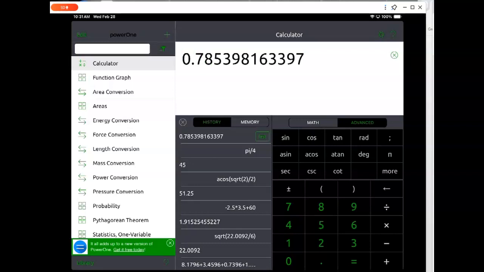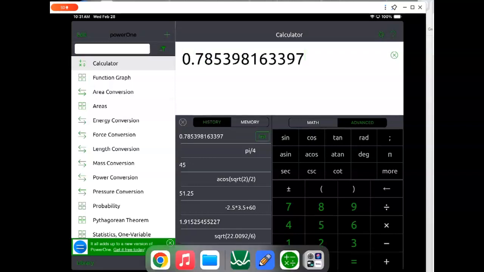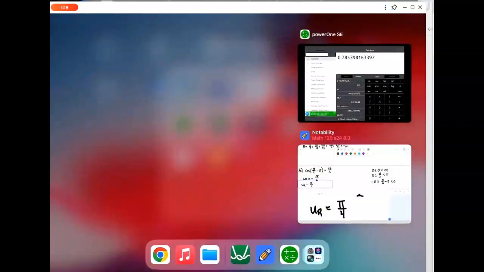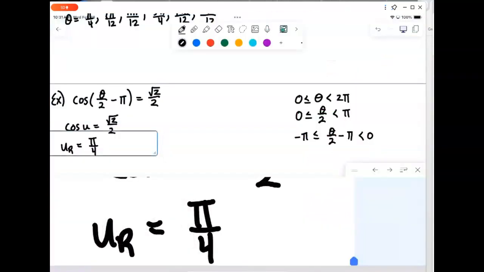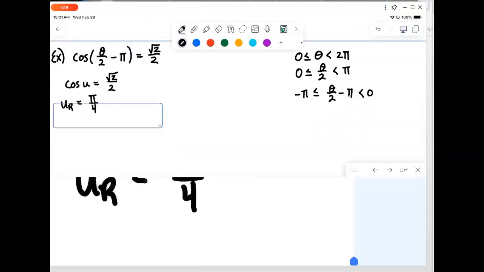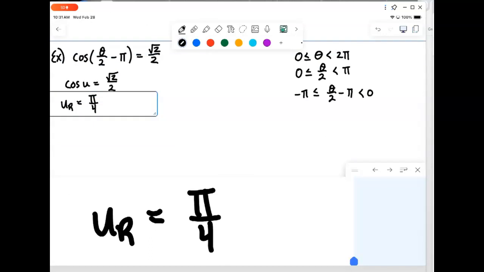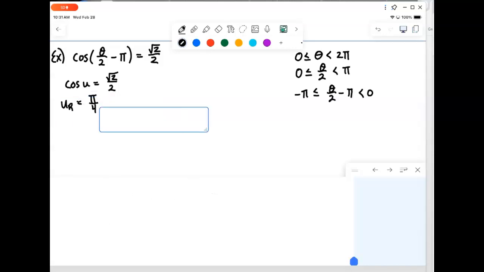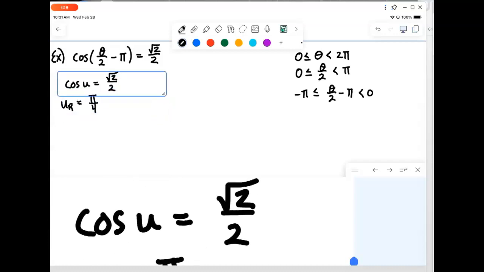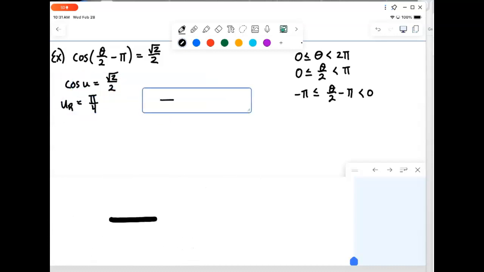Remember what the decimals are for the different pi over 4 and stuff if you left it in radians. So that's something you can do there if you need to, if you're absolutely stuck. But it's really worth it to just memorize those exact values for pi over 6, pi over 4, and pi over 3. And so now we go find the angles that would match up with that.